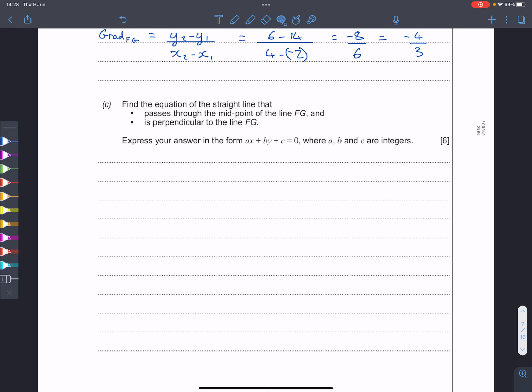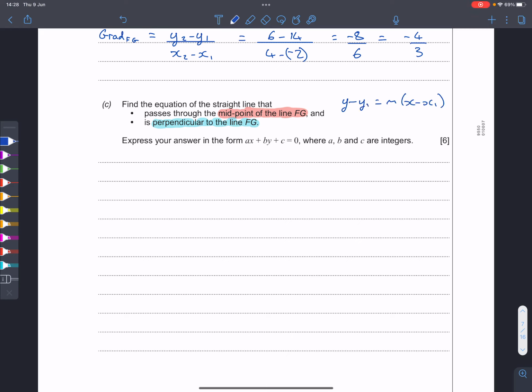Okay, part C. Find the equation of the straight line that passes through the midpoint of the line FG. So we're dealing with the midpoint of FG and perpendicular to the line FG. Okay, so let's find a point. If I want to find the equation of a straight line, the equation I'm going to use is y minus y1 equals m bracket x minus x1.